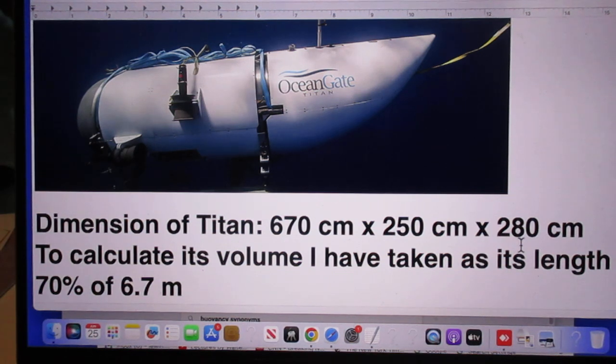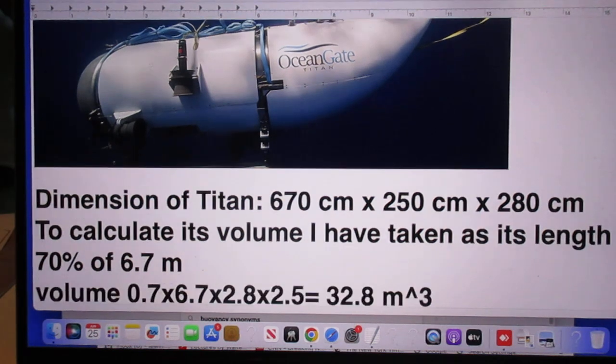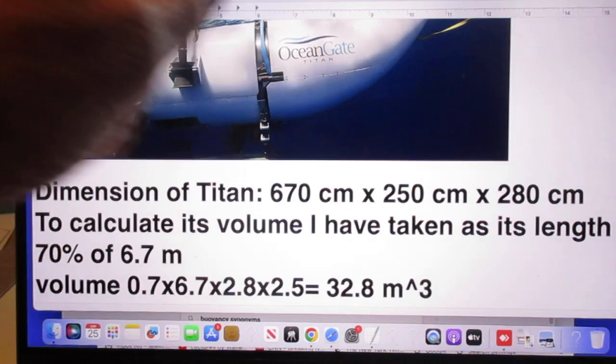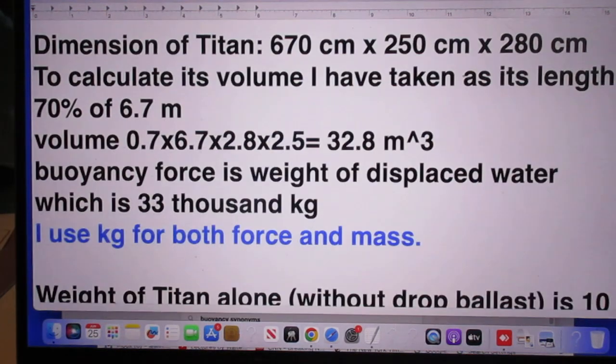Now, to calculate its volume, I have taken as its length only 70% of this distance, because clearly the cross-section here is not this large. So, somewhat arbitrarily, I have multiplied this volume by 0.7. And so I find then that the volume is 32.8 cubic meters, call it 33 cubic meters.